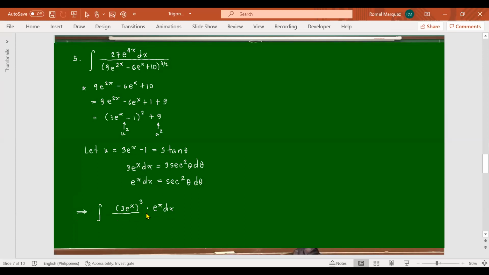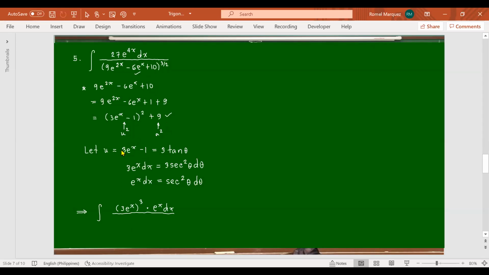All over this part, which is now equal to u squared plus a squared. But what is my u?